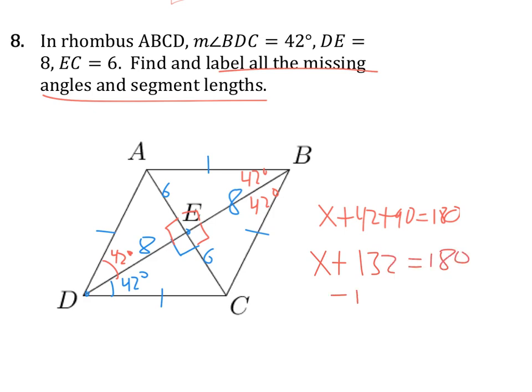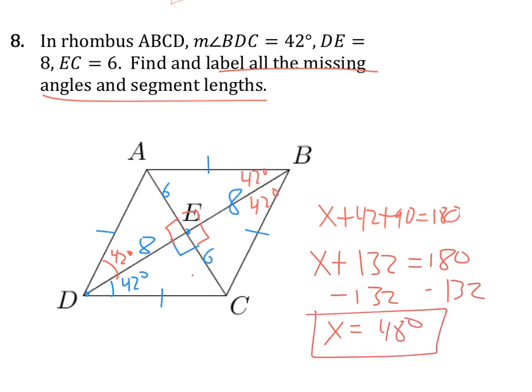Subtract 132, and we get 48 degrees. Okay, so we got 48 degrees there. So these are all 48 degrees, 48, 48, okay.